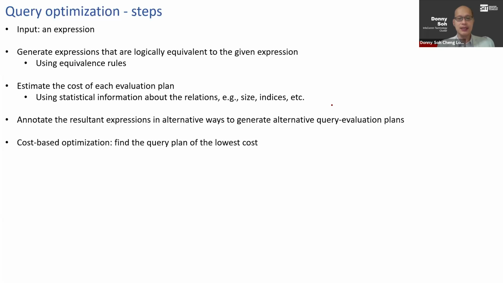Typically that's how we try to generate the lowest cost plan. So this is actually a form of heuristic. Of course we can enumerate all the possible plans out, and even with the usage of dynamic programming, it's going to be extremely expensive.